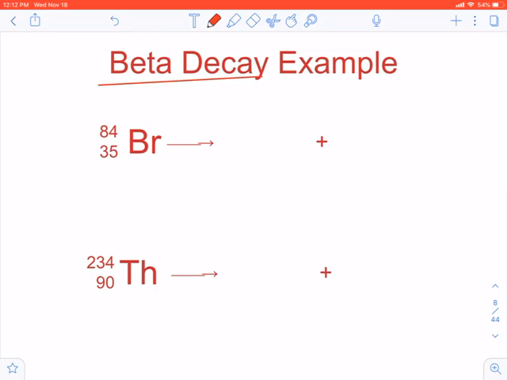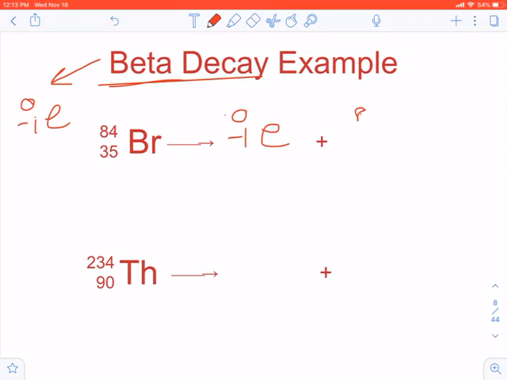Since it's a beta decay, we know that beta decay literally means 0, negative 1 e. So we're going to write that, 0, negative 1 e, always, because it's beta. When it was alpha, it was 4, 2 He. Now it's 0, negative 1 e, because it's beta. What mystery plus 0 gets me 84?